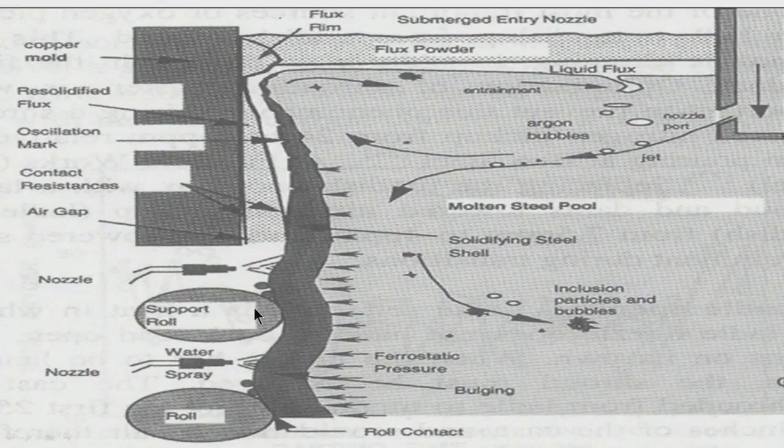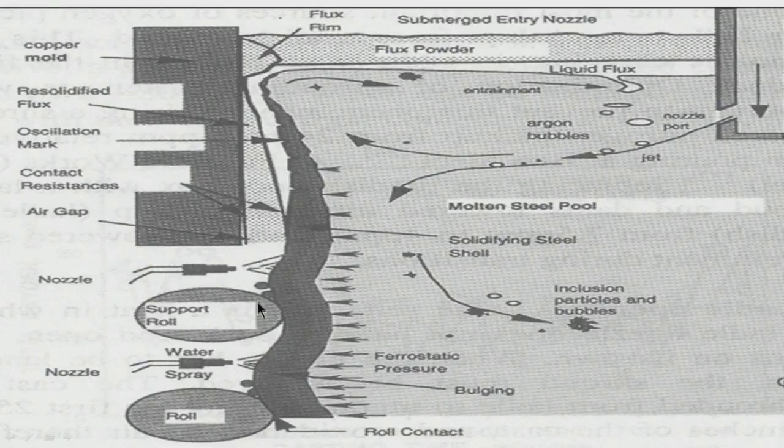But additionally there has to be some support rolls. Otherwise what is going to happen? This shell here, the thickness is not much. So, there is always a chance that the ferrostatic pressure will try to push the shell, because there is no support now. Inside the mold there was some support.